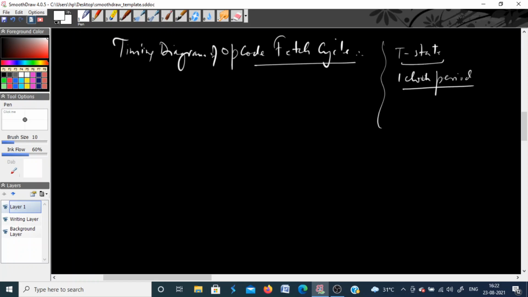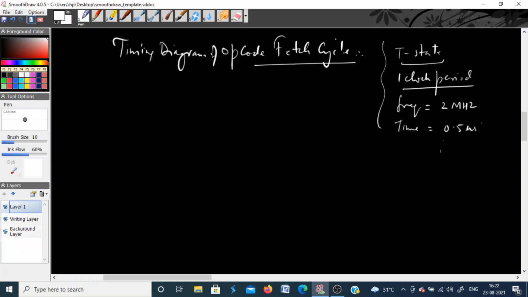Depending upon the frequency of this clock signal, you will have a clock with a particular time period. Suppose this frequency is 2 megahertz, so what is the time period? It will be 1 by 2, which becomes 0.5 microsecond, and so on.